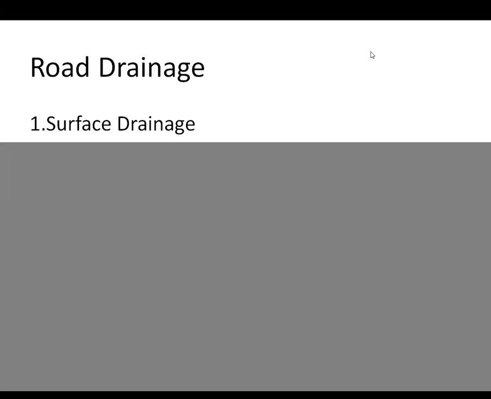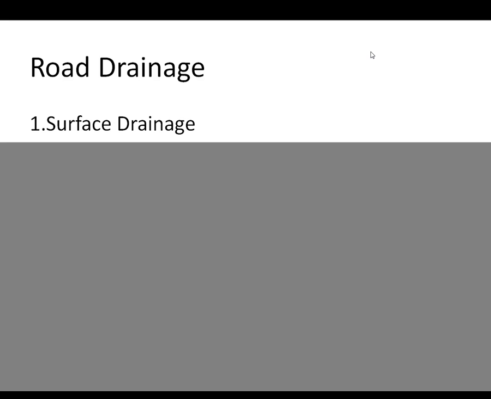So in the last lecture, we discussed what road drainage systems are and the different types of road drainage system. They are divided into two categories: surface drainage and subsurface drainage.